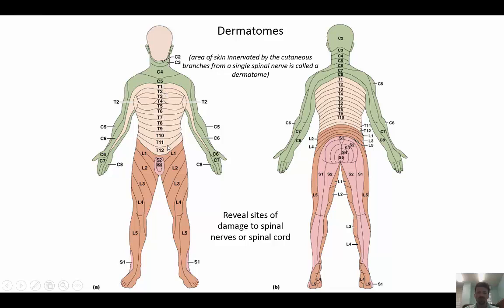T1 through T12 innervate the thorax and the torso, both on the front or the anterior of a human and also on his back. Okay. And so this information is very, very important clinically, and it allows our doctors and our other health professionals to determine where there might be a problem with the peripheral nervous system.